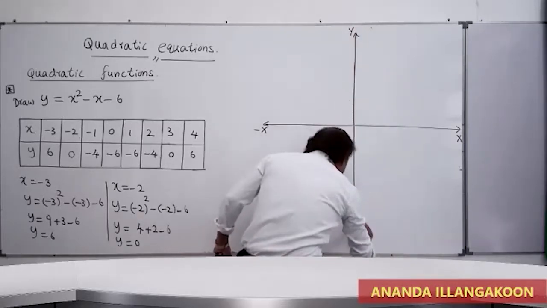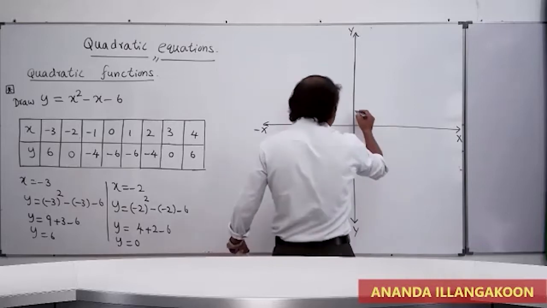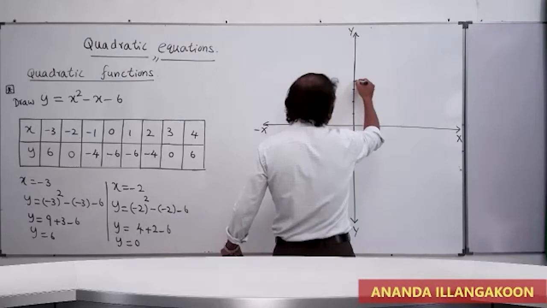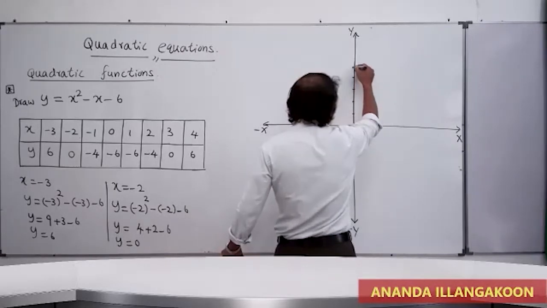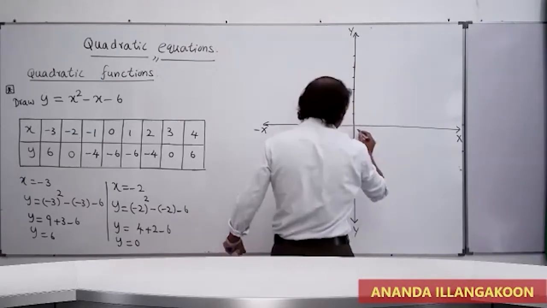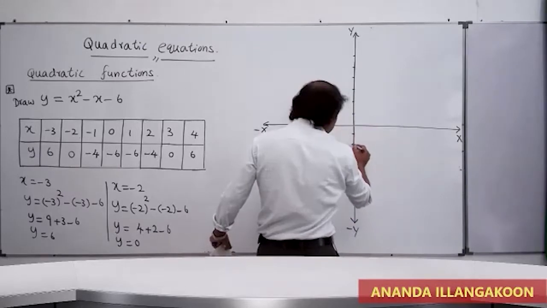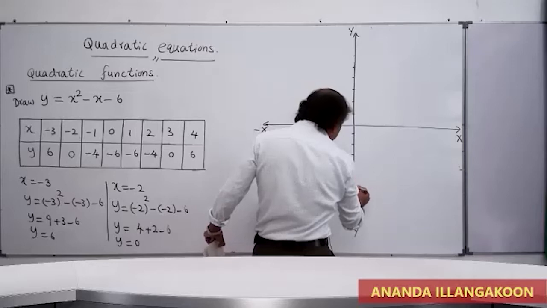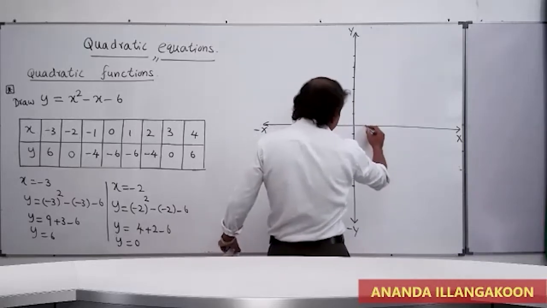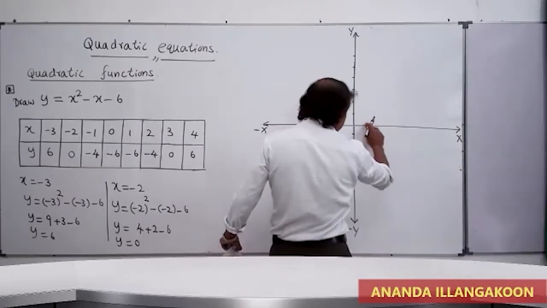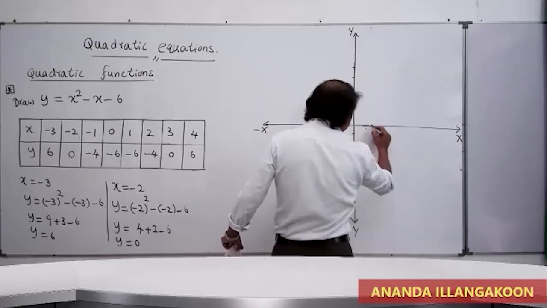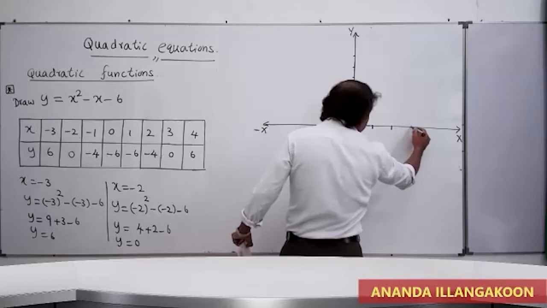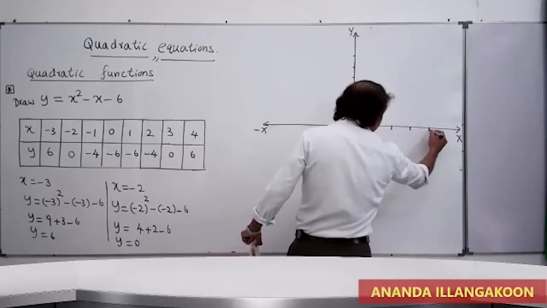Here, the minus y-axis. Now suppose here 1, 2, 3, 4, 5, 6, and minus 1, minus 2, minus 3, minus 4, minus 5, minus 6. On the x-axis, 1, 2, 3, and 4.